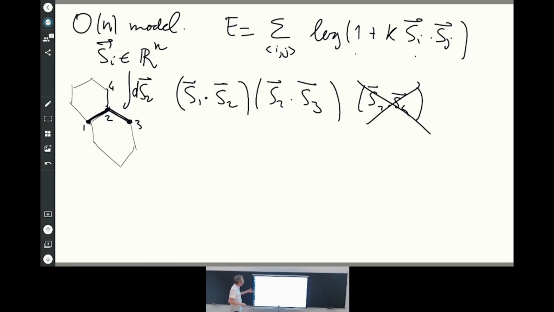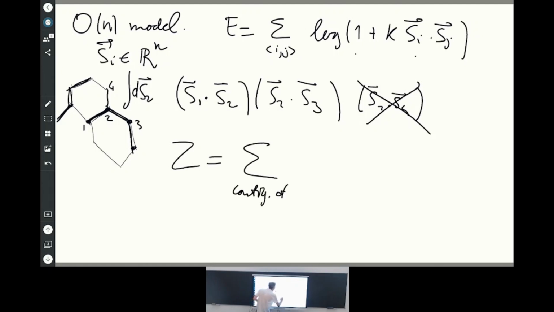And this means essentially that when I draw these loops here, they will always be non-intersecting, and there will be at most one loop passing at each vertex. And so eventually, this partition function can be rewritten as a sum over configurations of non-intersecting loops. And what's the weight of a configuration?